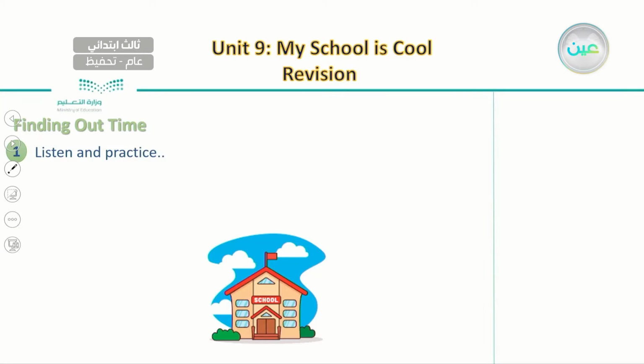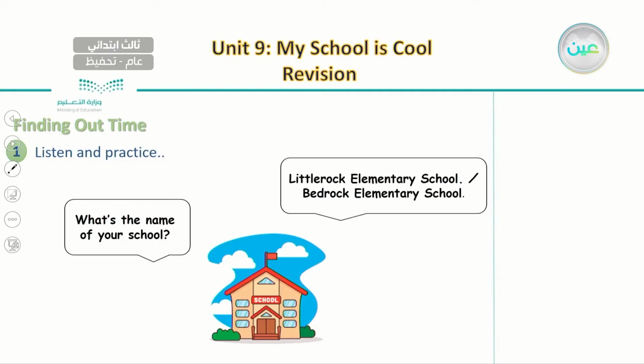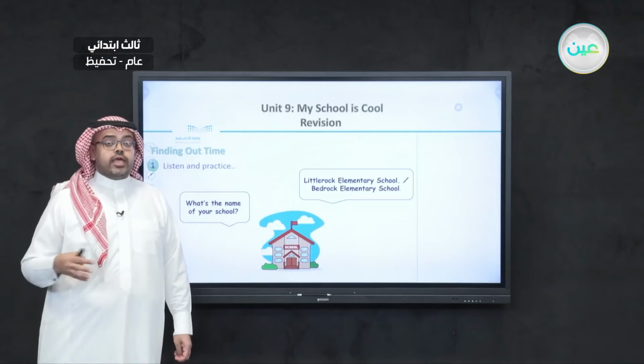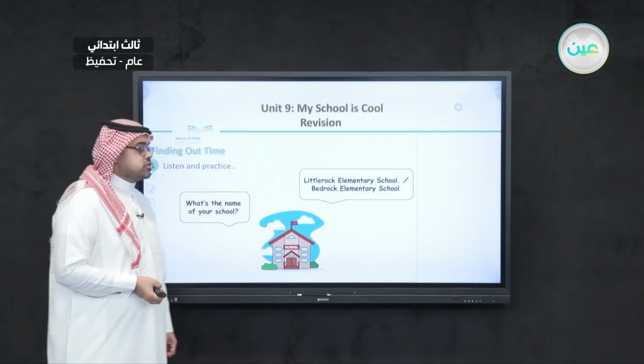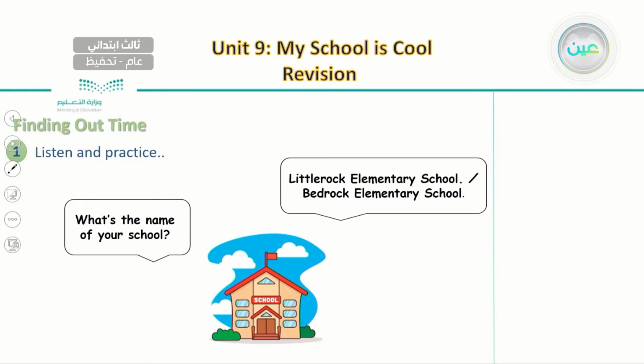The first thing we learned in Finding Out Times is how to ask questions about our school and how we can have different answers. For example, the first question we learned is, what's the name of your school?